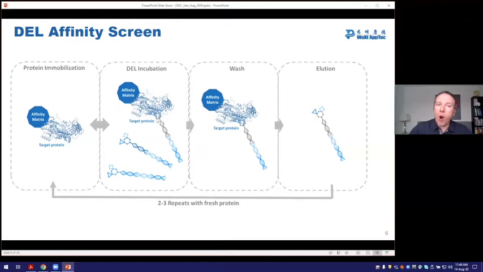But the ones that are bound, we collect those and we elute them. We actually take this elution and we add it to fresh protein again, and we go through this cycle 2 to 3 times. But in the end, we take the library members that were bound to your target and we sequence the barcode. And from that sequence, we determine what the structure was.